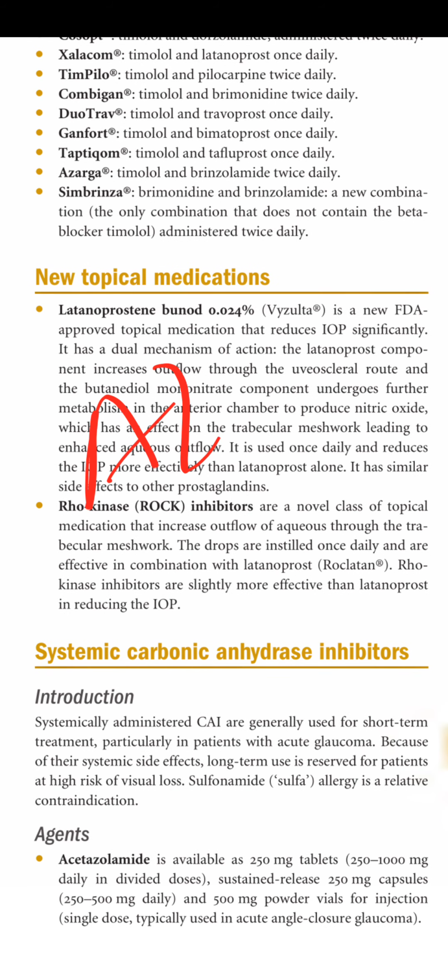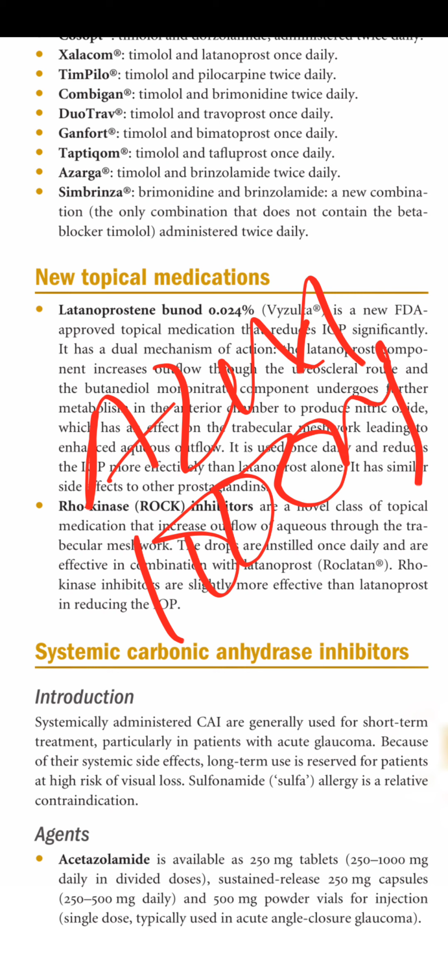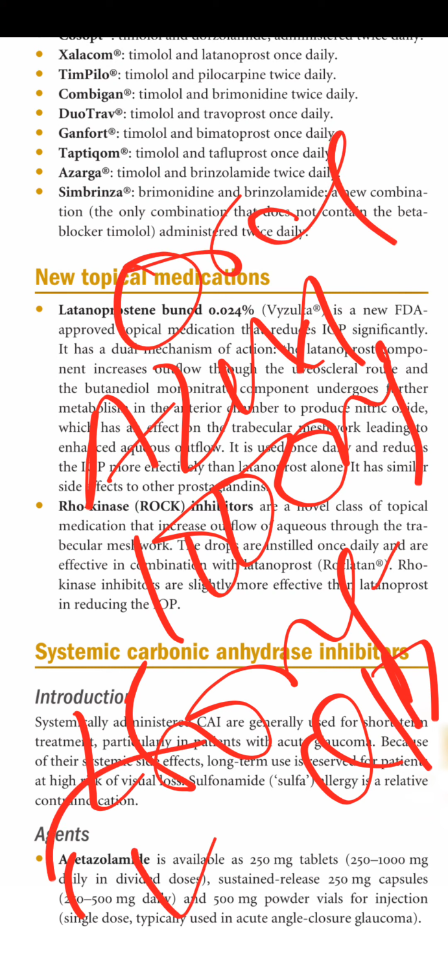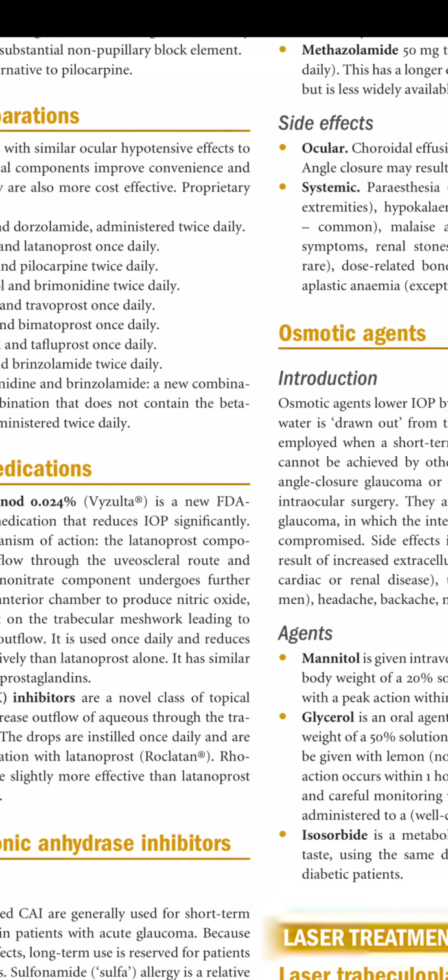So basically, AZM or acetazolamide is given orally. Usually the dose is 250 milligram, given QID or 4 times daily. It can also be given via IV, and there is a 500 milligram powder vial for injection.